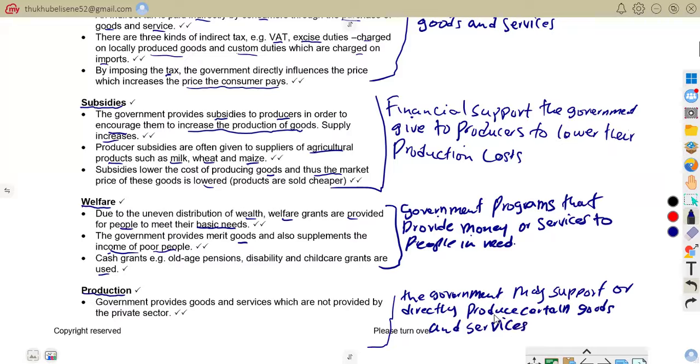That's what it means when you're talking about production. You can talk about electricity, water, and transport, to ensure essential goods are available to everyone. Hope we are still on one page. Let us move on.